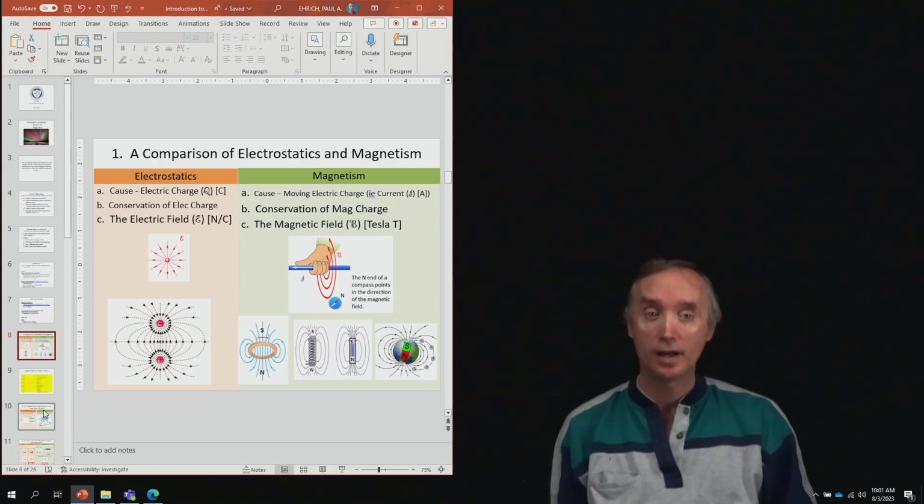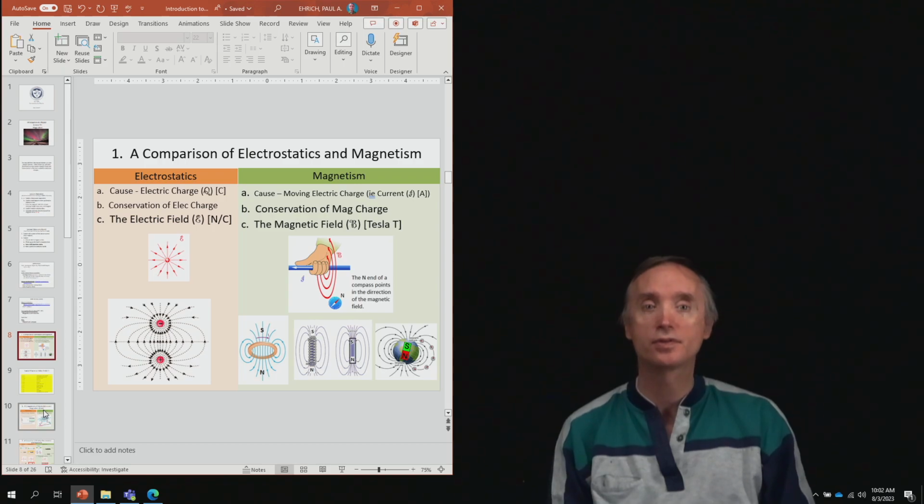So I want to point out that even if the charge is moving, it is going to have an electric field, and it is going to be subject to an electric force. So everything that we've talked about for electrostatics is true if the charge is moving. But in addition to those concepts, we're going to add additional concepts for moving electrical charges.